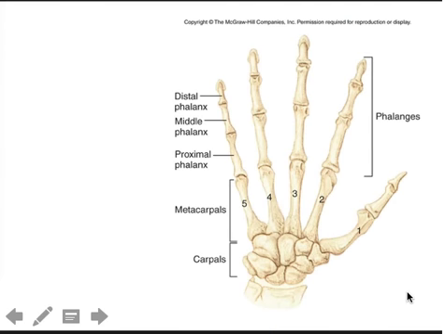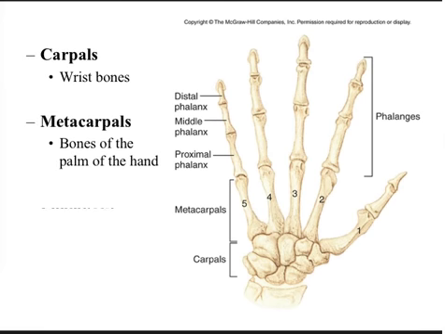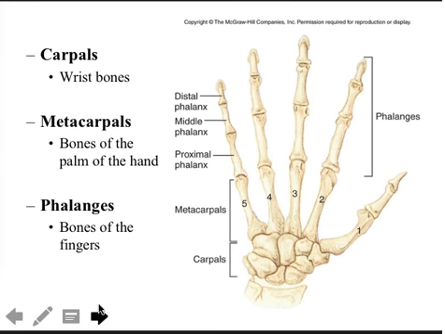We move on here to the bones of the hand. The bones of the wrist are called the carpal bones. The bones of the palm of the hand, the metacarpals, and the bones of the fingers are the phalanges. Again, we're not going to memorize each individual carpal bone. Just know that when we look at these bones here, these are the carpals.